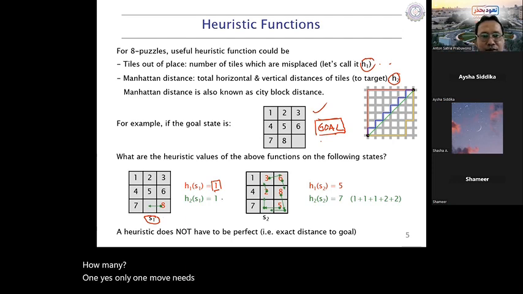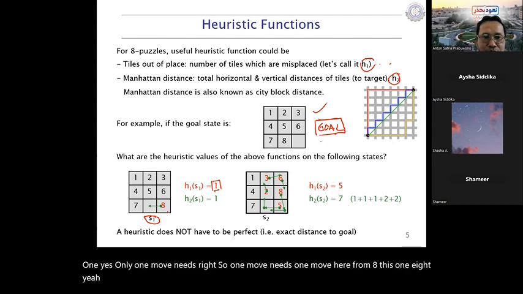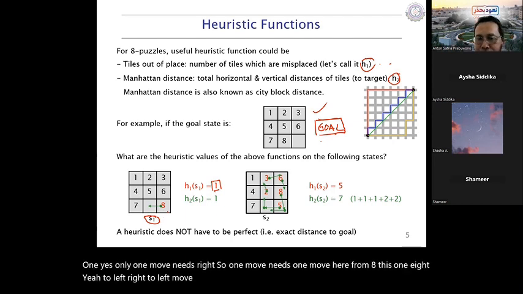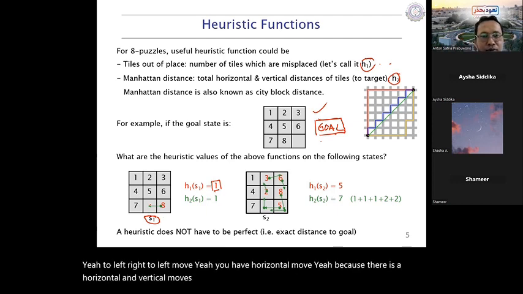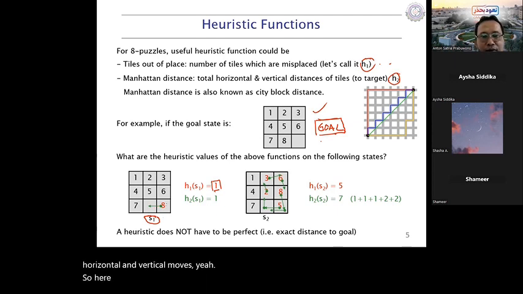So 1 move is needed, from 8 to the left. It is a horizontal move, because there are horizontal and vertical moves. From right to left, only 1 move.